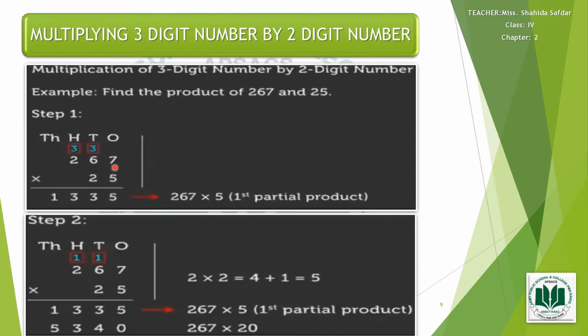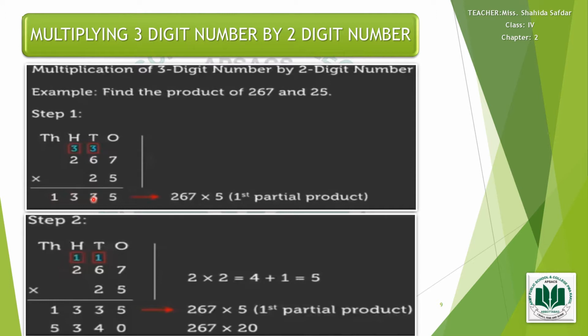So 7 multiplied by 5 equals 35. So we regroup here 5 at ones place and 3 at tens place. Next, 6 multiplied by 5 equals 30 plus 3 which is carried over here, it becomes 33.